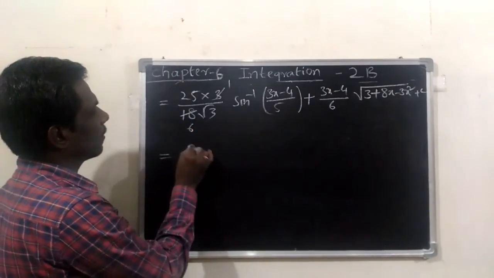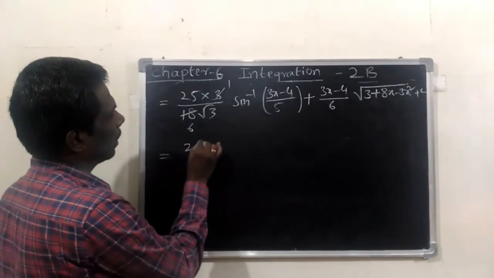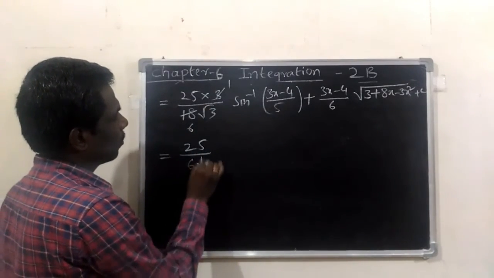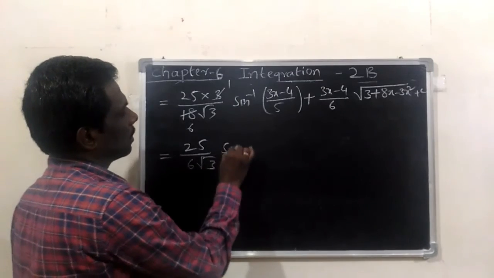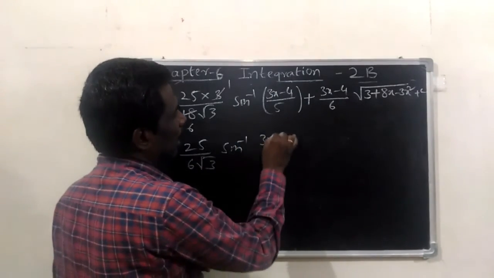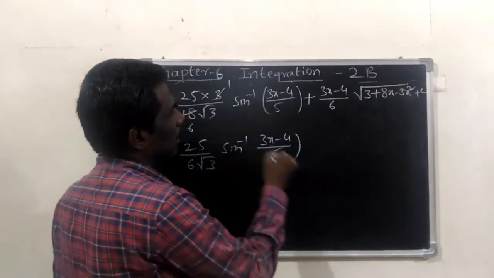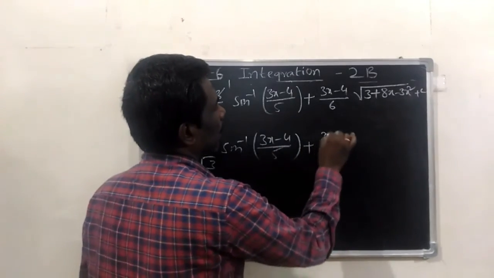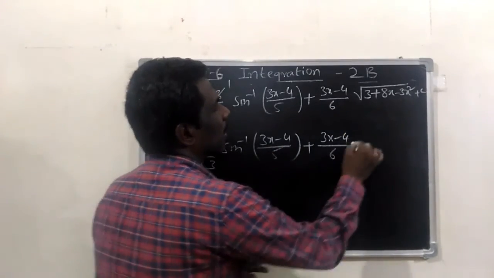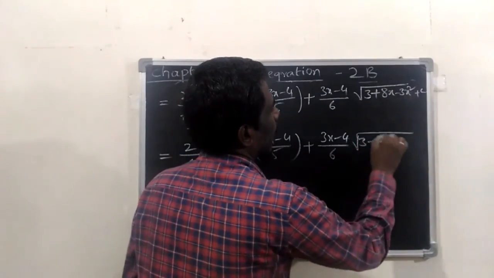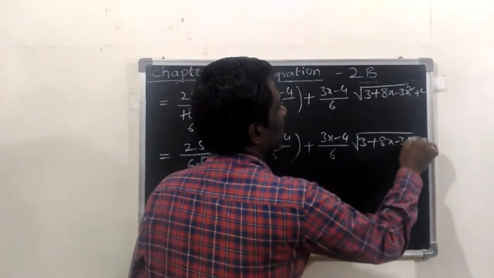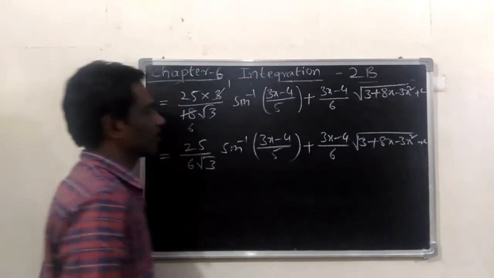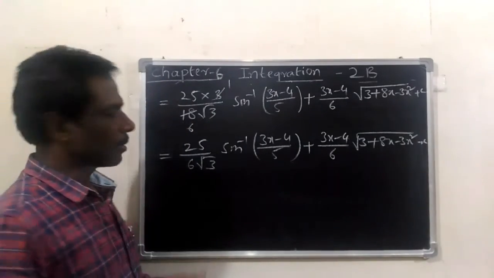Now we can write the rest of the values. 25 ones are 25 by 6 root 3, sine inverse 3x minus 4 by 5 plus 3x minus 4 by 6 under root of 3 plus 8x minus 3x square plus constant. So this is the final answer.